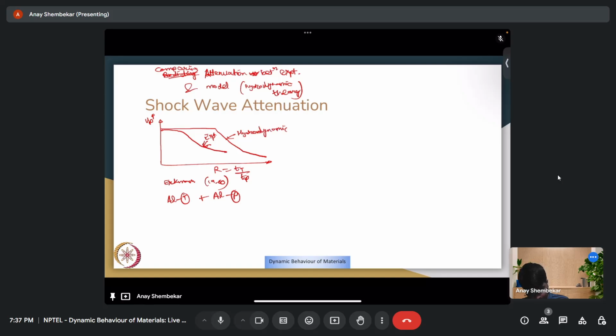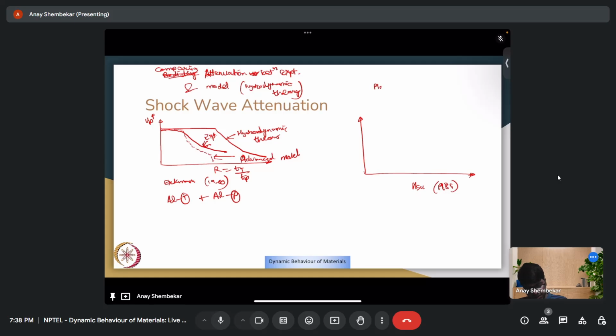Another one. This is an advanced Q code model. Another set of experiments was done by Zhu et al. This was done in 1981.